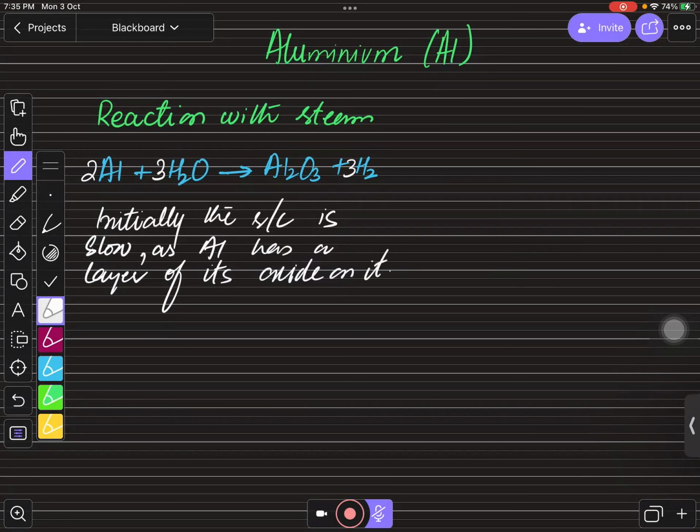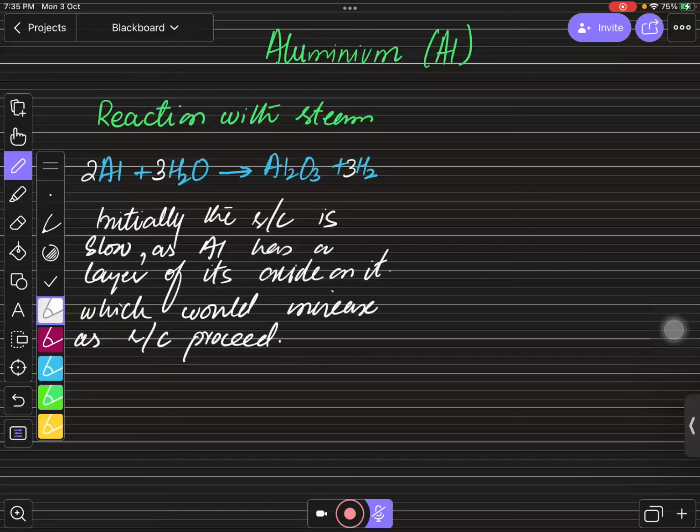But the rate of the reaction will increase as the layer is removed, right? You can say that it would increase as the reaction proceeds. This is actually a reaction of steam with aluminum.